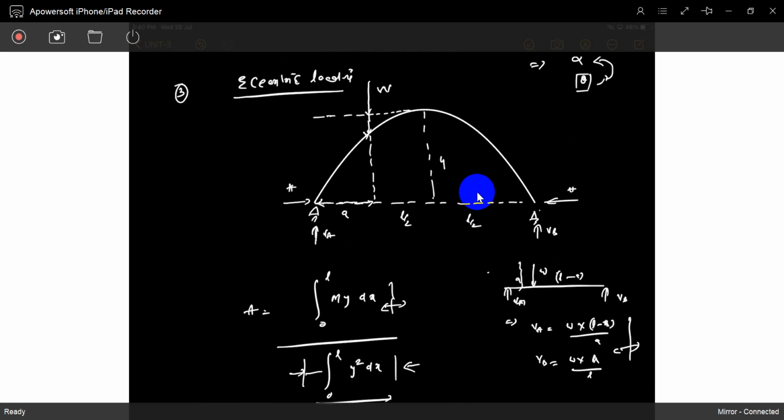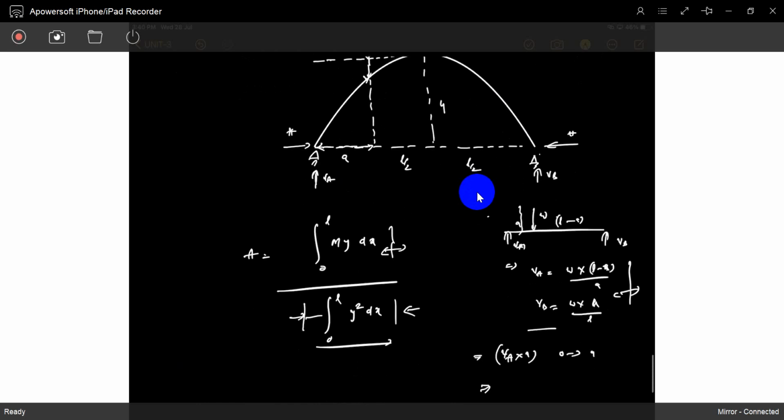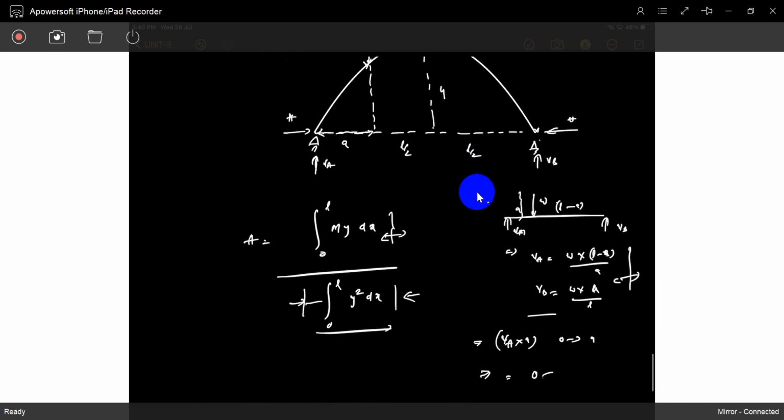For 0 to A, the moment equation is VA into X. For the next portion you could write VB into X, but integrating 0 to L minus A is too difficult.